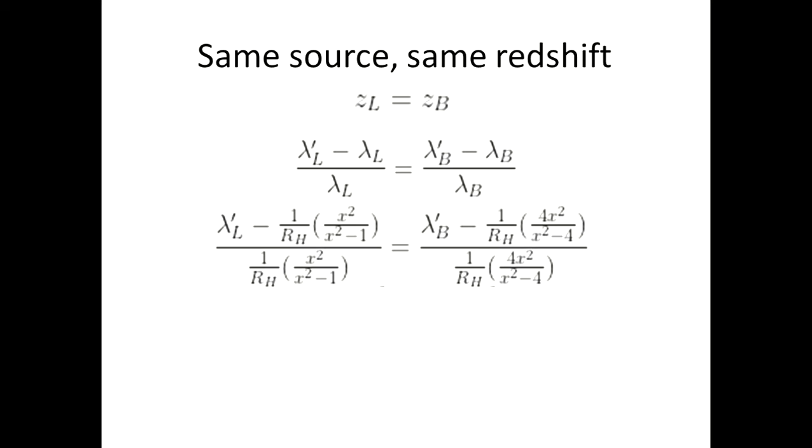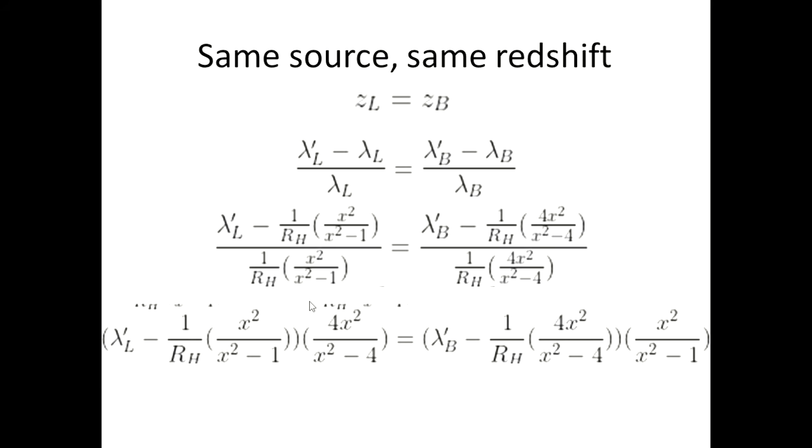We'll just do it in the end, such that we can manage all the variables more easily. Now we can just multiply each side by 1 over RH, and cross multiply these algebraic expressions, and we get this expression right here.